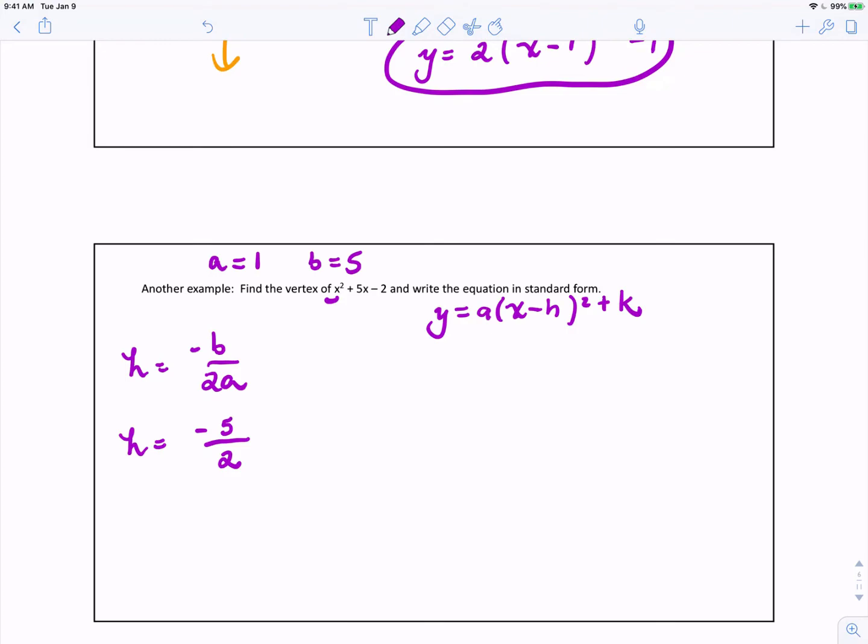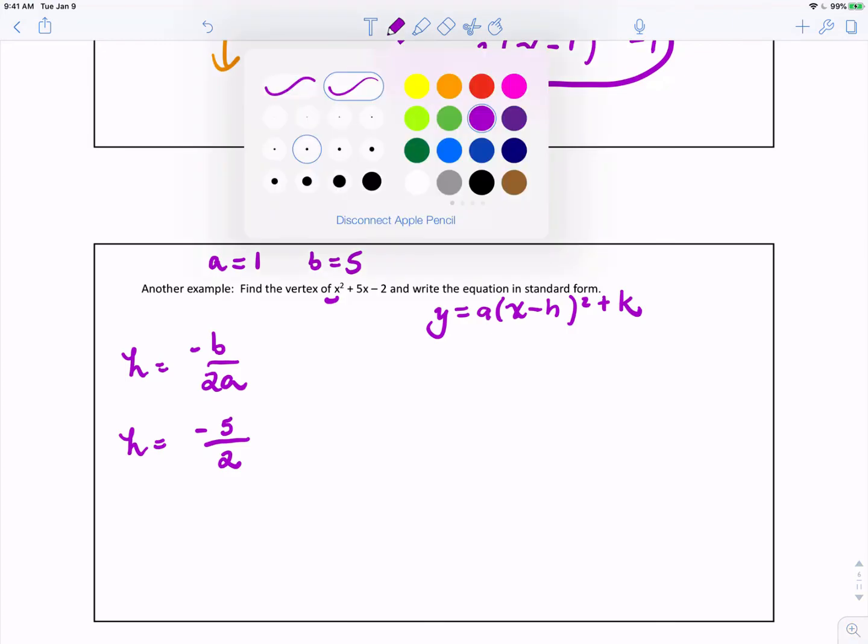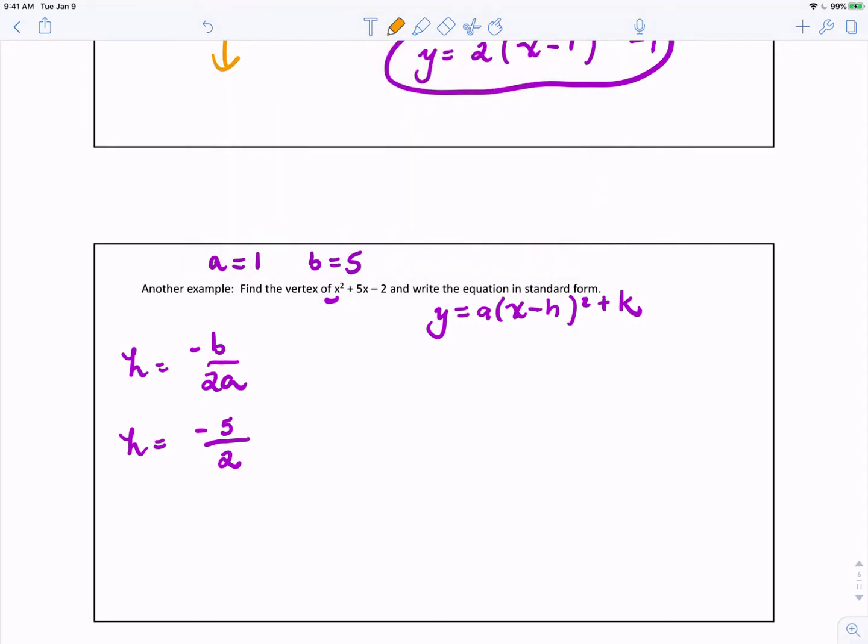To find our value for k, we have to take this value and plug it into our original equation. So here we go. When we do that, we have negative 5 halves squared, plus 5 times negative 5 halves, minus 2.